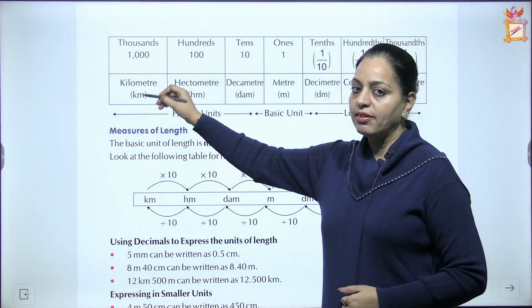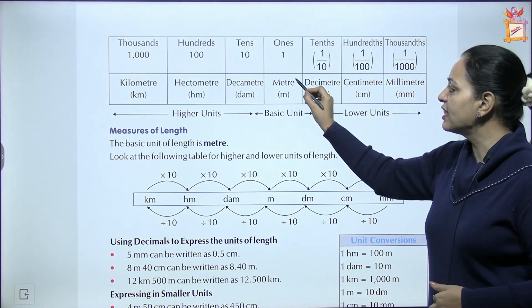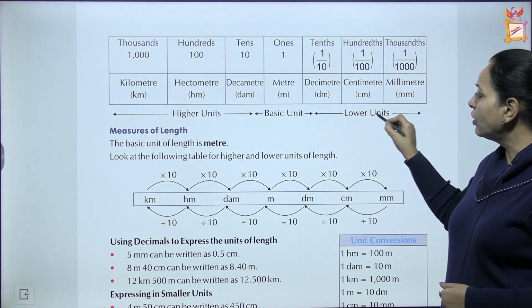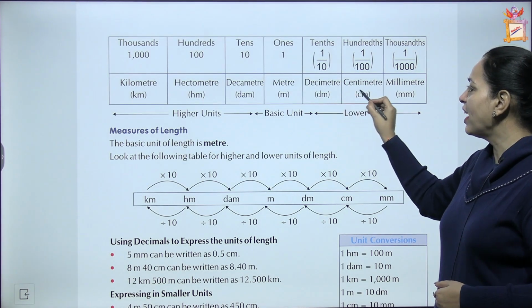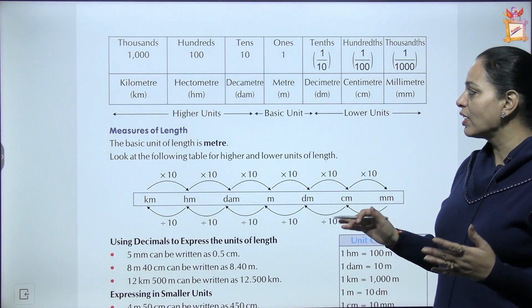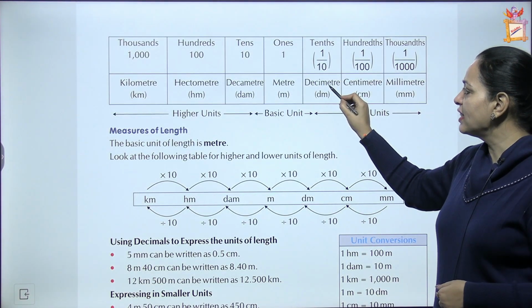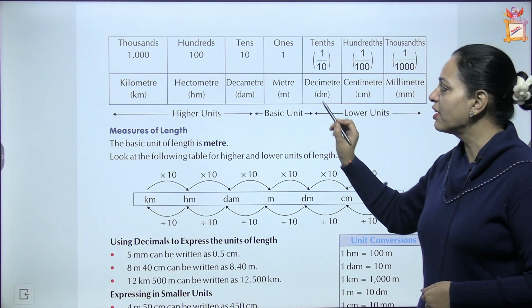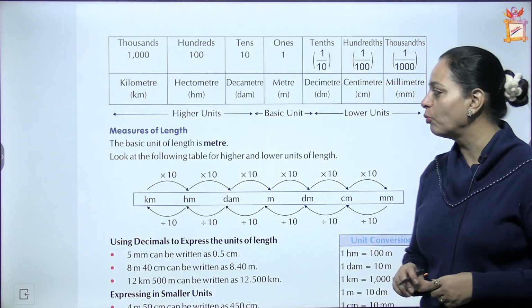Kilometer is the biggest unit. So these are the higher units. This is the basic unit. And now these are the lower units. Decimeter, centimeter and millimeter. So once again, basic unit meter, smaller units decimeter, centimeter, millimeter, and the higher units decameter, hectometer and kilometer.